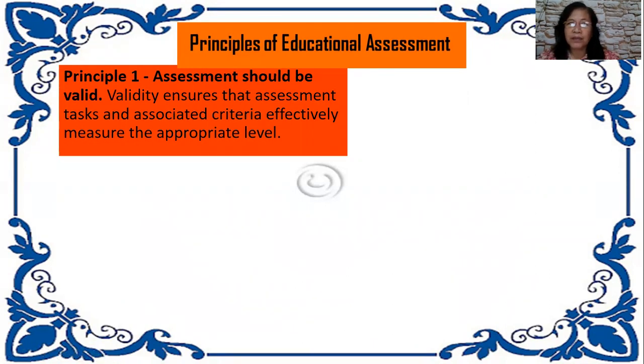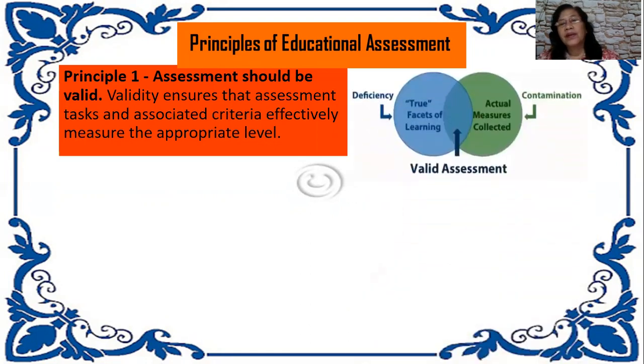It should be that it measures what is to be measured. No? So in valid assessment, if there is a deficiency, there is a contamination, so the true facets of learning and the actual measures collected, the valid assessment lies at the center.